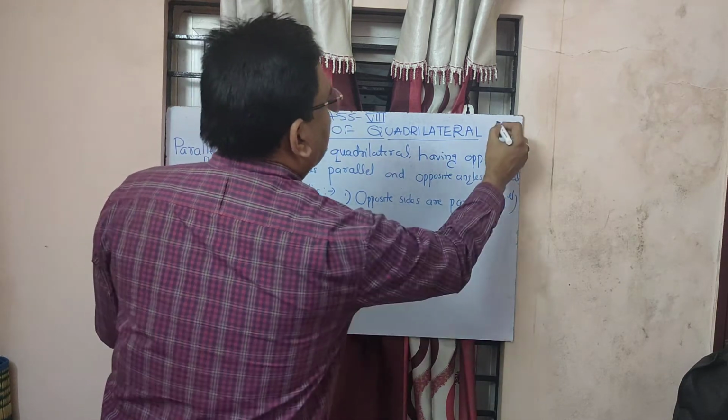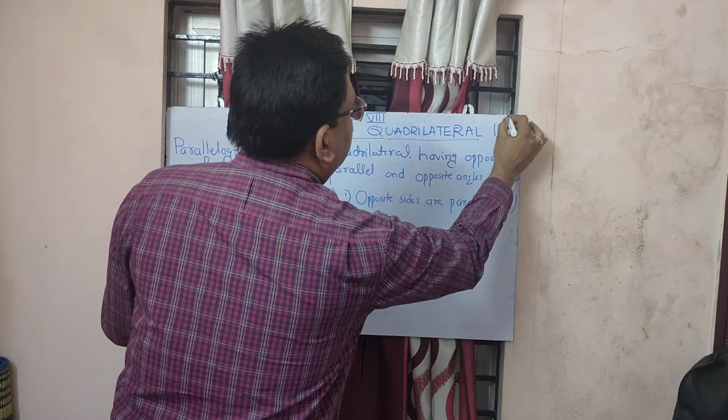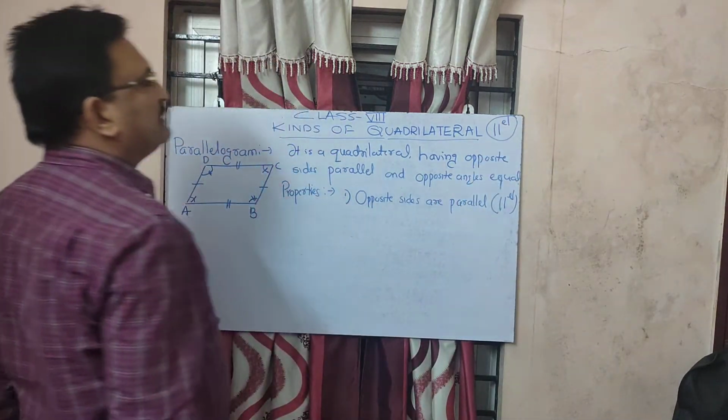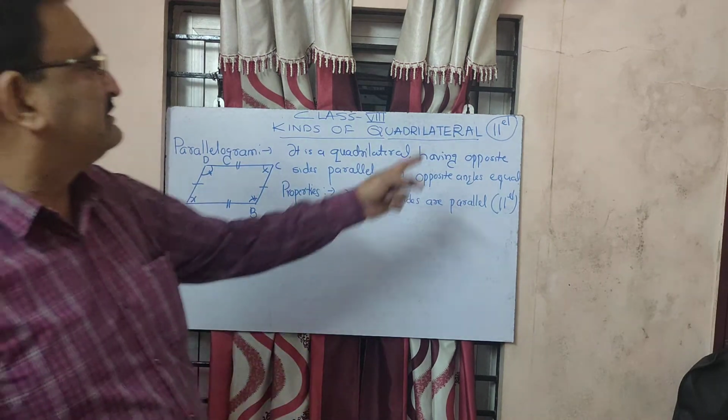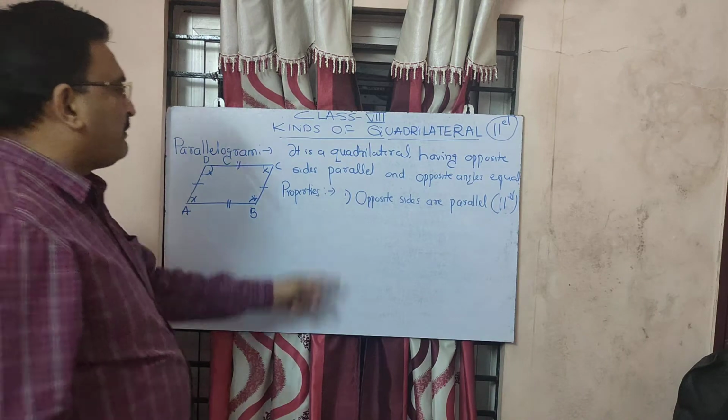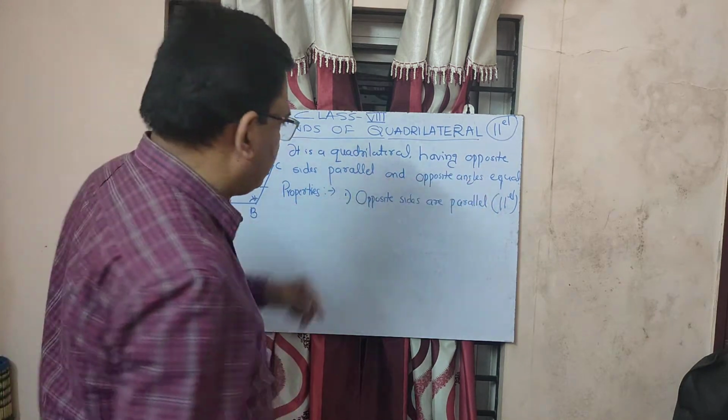Parallel can be written like this, two lines like this, and denoted as double line, parallel. Okay. The first property is opposite sides are parallel.